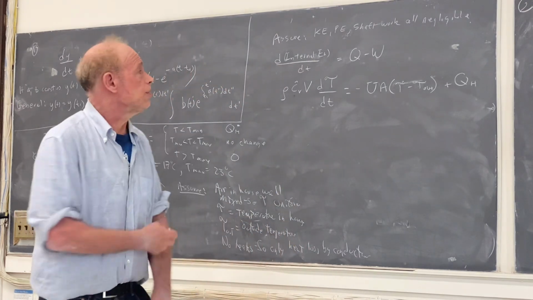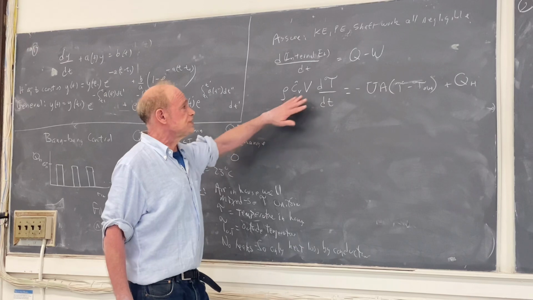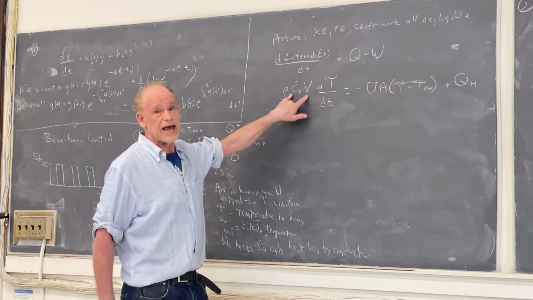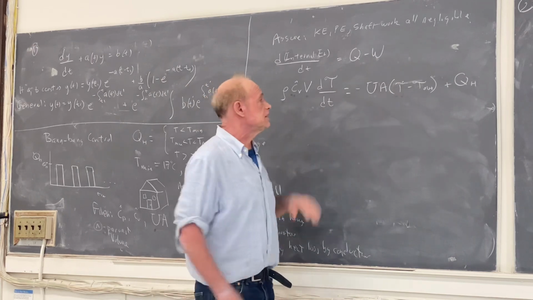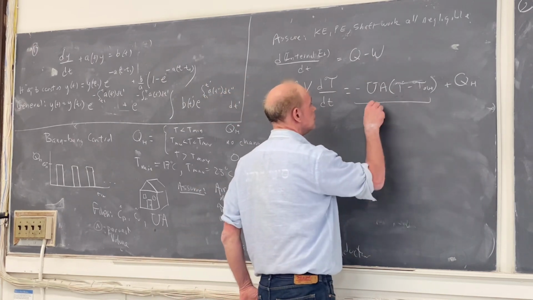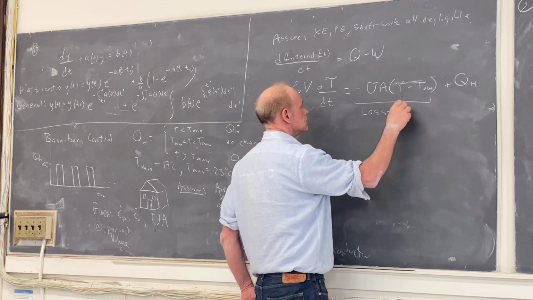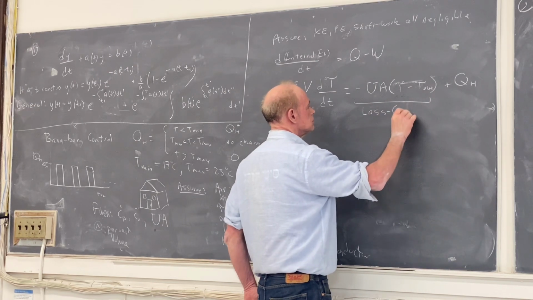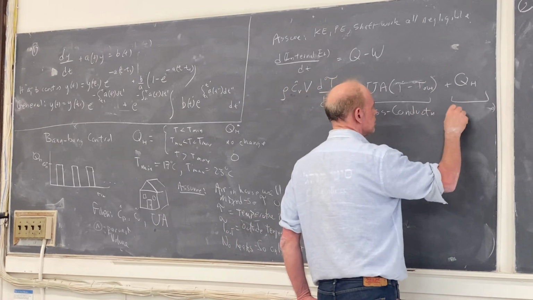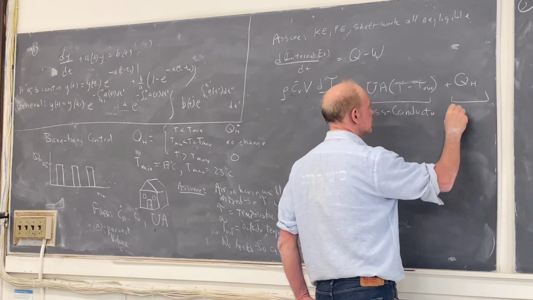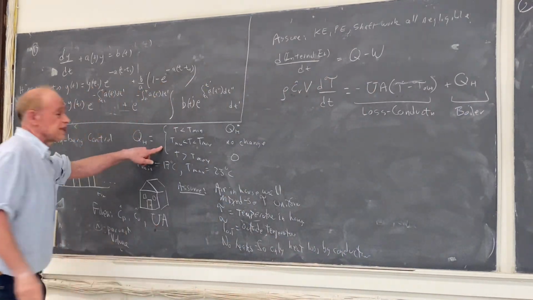So is that clear? This is the d/dt of the internal energy, rho C_V dT/dt, where C_V is C_V hat times the volume. This is the heat loss by conduction, and this is the heater, the boiler. And you know what the boiler is doing? It's doing this.